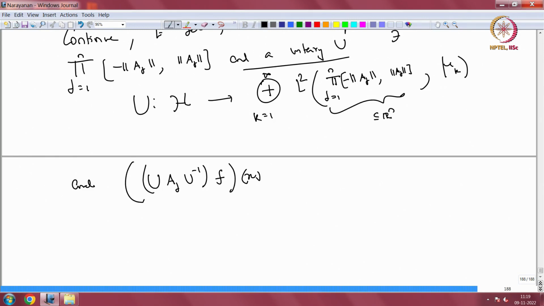So, it has n coordinates. At x1, x2 etcetera xn, the jth self adjoint operator is going to be simply multiplication by xj, f of x1, x2 etcetera xn. Okay. So, we will stop here.